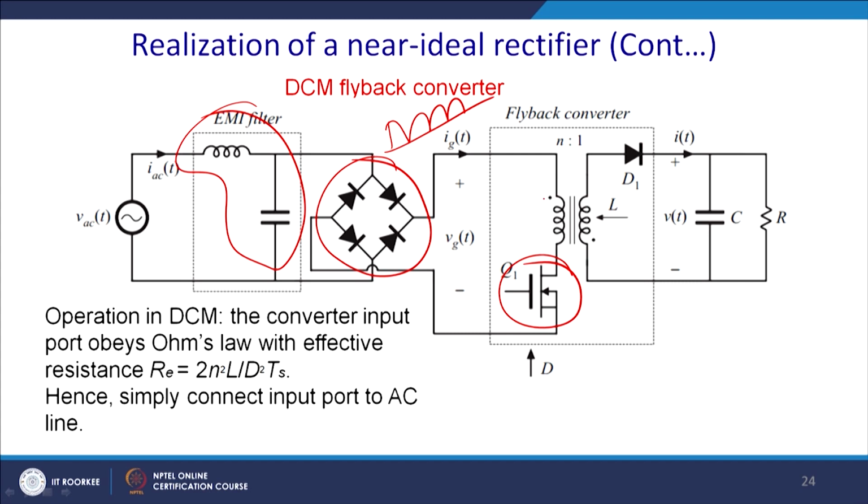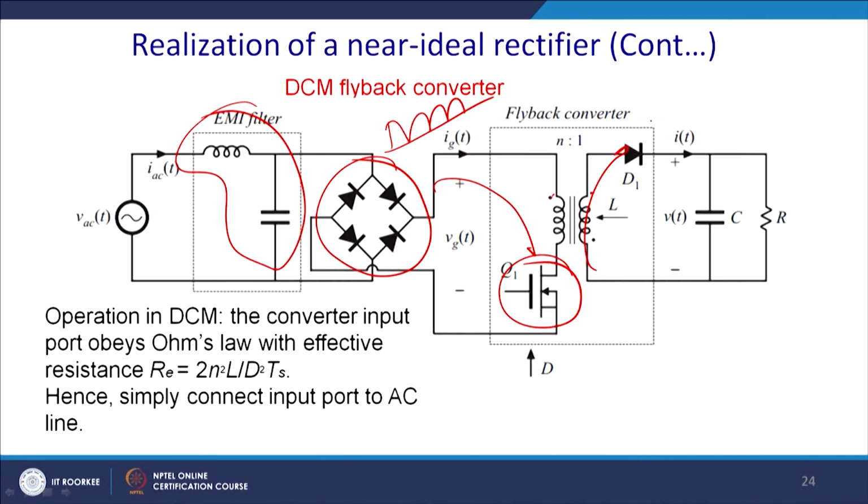See the dot convention of this topology. You can find that there is a dot here, then a dot here. Generally in the case of a normal transformer, we have a dot here, where the current tries to flow in, and it will oppose and the current will go out, but here the dot is in this position. So, ultimately when the switch is on, current flows in the primary, and no current will flow in the secondary.